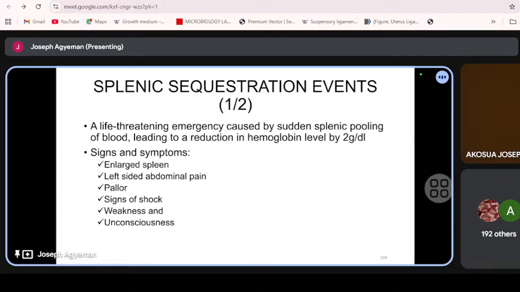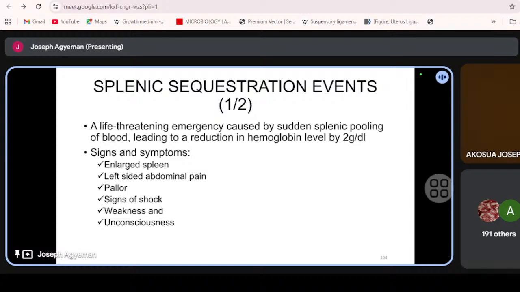All these are possibilities of splenic sequestration events. Signs and symptoms, of course, you have blood stain within the spleen. So splenomegaly is possible. The spleen is located within your left abdomen, and therefore, if you feel any pain, it will be on the left side of the abdomen.